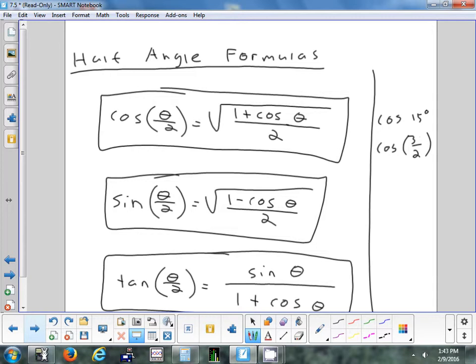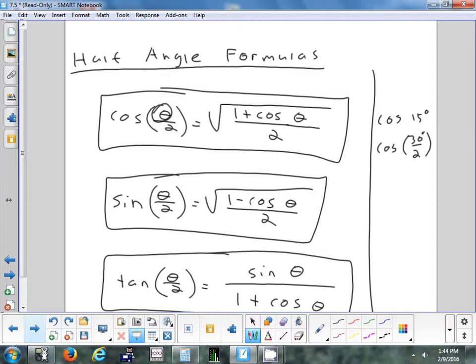Yeah, so the top, your theta, is 30. So if you filled 30 in for your angle here, you could actually find the cosine of 15, using this formula instead of the difference. I probably would just use the sum or difference. These are definitely not formulas that I memorize. In fact, if you ask me what one of these was, off the top of my head, I don't know.